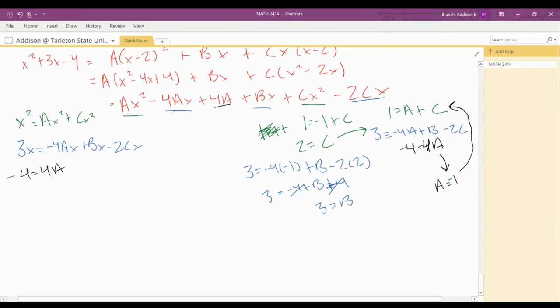So therefore, our final form, to go ahead and set up our integral, is going to be -1 over x minus 3 over x minus 2, and that's the negative, wait.